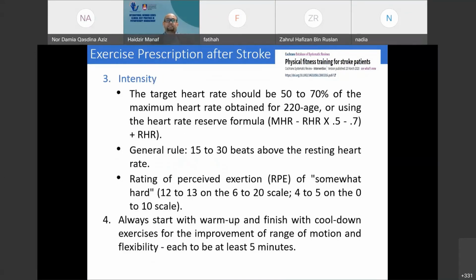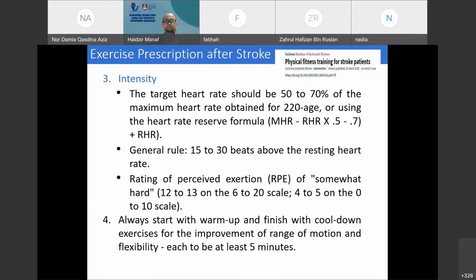In terms of intensity, I do believe that you can read from the Cochrane database, latest by Cochrane in 2020. The target heart rate should be about 50 to 70% of the maximum heart rate, obtained by 220 minus the patient's age. However, my advice for patients with stroke is to please use the heart rate reserve formula rather than the maximum heart rate formula.